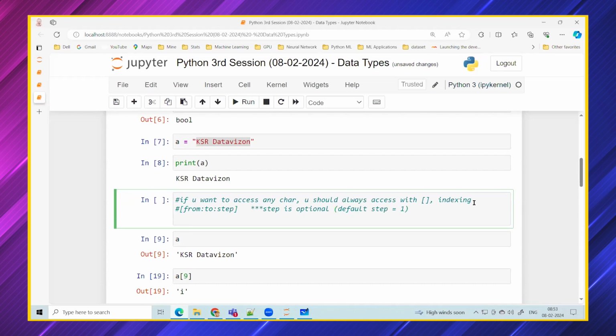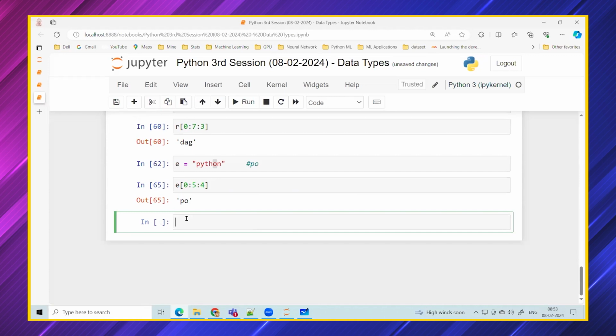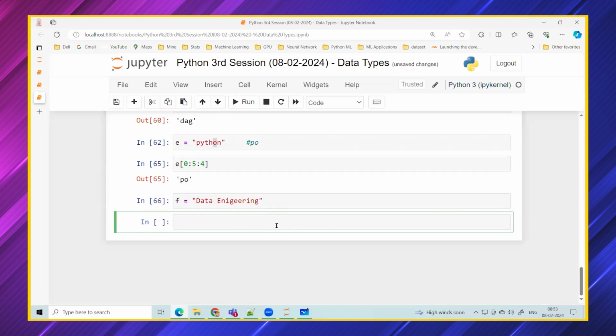Next, let's observe a few more things. For example, F equal to data engineering. Now for F, I need to give start and end position, right? So this is going to be start, colon, end.